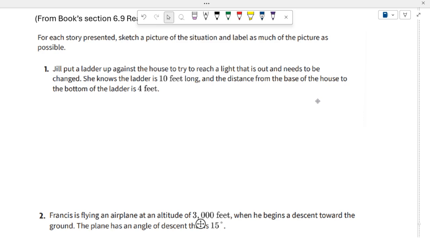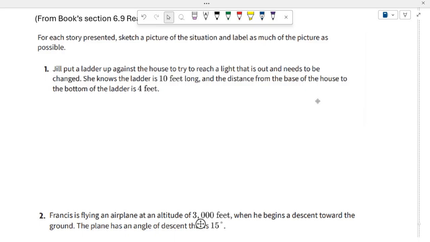All right. So I am not an artist, at least not in this capacity. And so when I sketch scenarios like this, I keep them rather minimalist. If you want to actually draw the house and draw the ladder and all that kind of fun stuff, as long as it doesn't distract you from getting the right answer, that's fine.